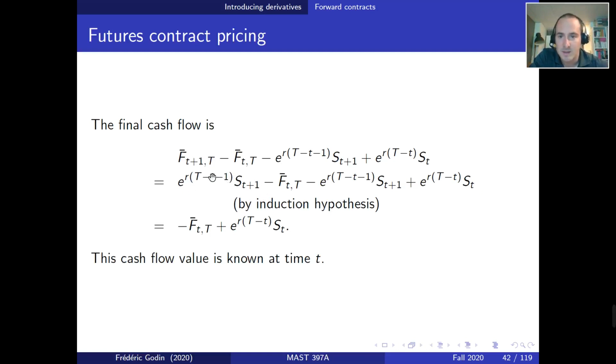So we can replace this by this, which is the induction hypothesis. And then what happens here, the first term and the third term cancel out. So what's left here is those two terms. Okay, so minus the futures price at time small t plus S_t times the interest accrual factor. Okay.